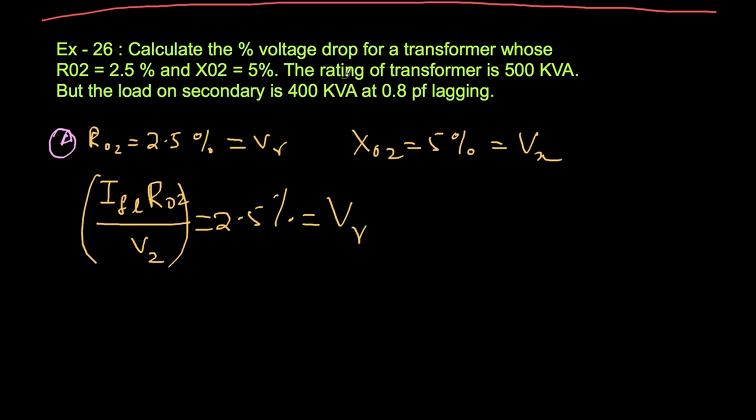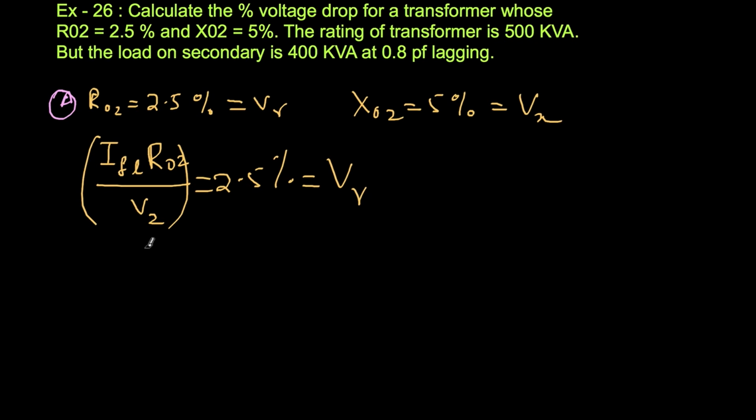Next, the rating of the transformer is 500 kVA, but the load on the secondary is only 400 kVA. All these VR and Vx are defined for the full load. Let me write the percentage drop formula.